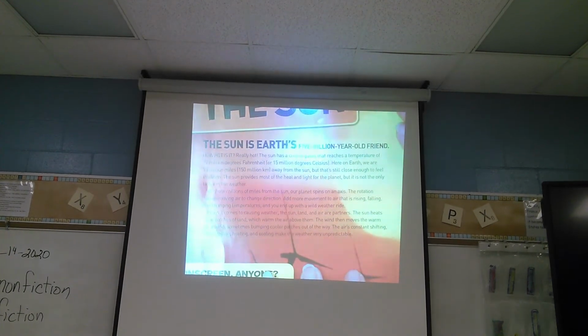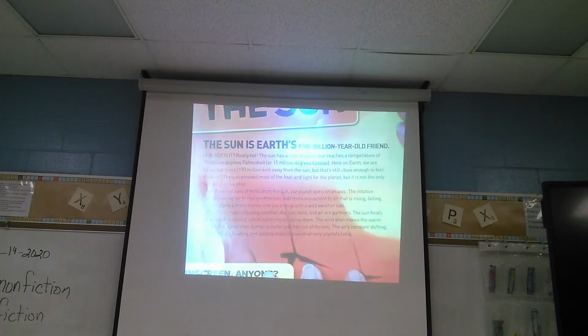All those millions of miles from the sun, our planet spins on an axis. The rotation causes moving air to change direction. Add more movement to air that is rising, falling, and changing temperatures, and you end up with a wild weather ride.